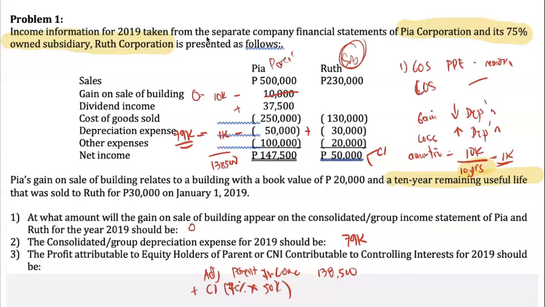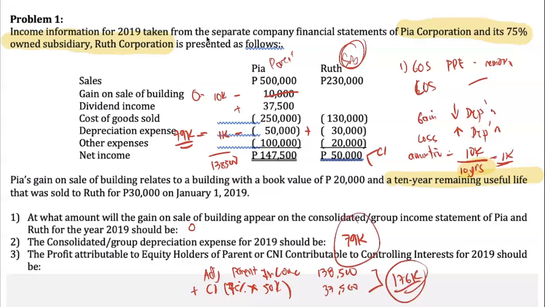Sir, bakit walang adjustment kay Root? Wala naman kasing binenta si Root. Ang nagbenta ay si Pia. Okay? Tandaan, lahat ng adjustment, gagawin nyo dun sa nagbenta. Ang nagbenta si Pia, siya yung may adjustment. Okay, so 50,000 times 75%, 37,500. How much then? 138,500 plus 37,500, 176.